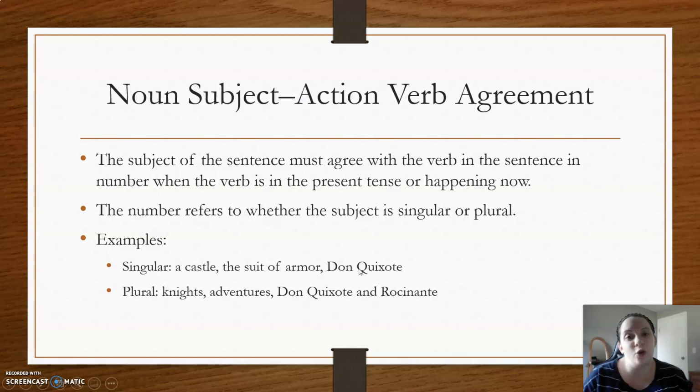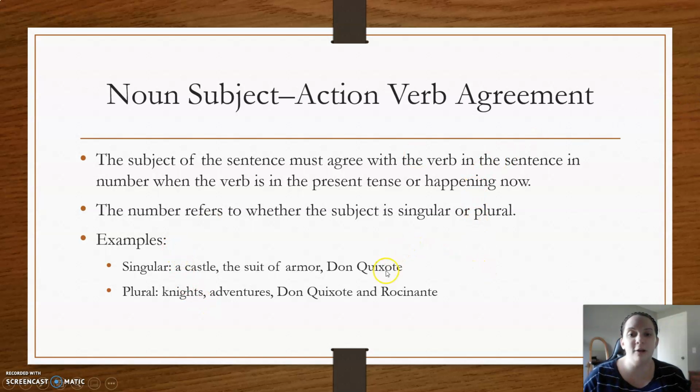That will make the noun and subject agree. However, if your noun is plural, like knights, adventures, Don Quixote and Rocinante, if I added jump, I wouldn't add S or ES to the end of it. So the knights jump. I wouldn't say knights jumps, it would just be knights jump.